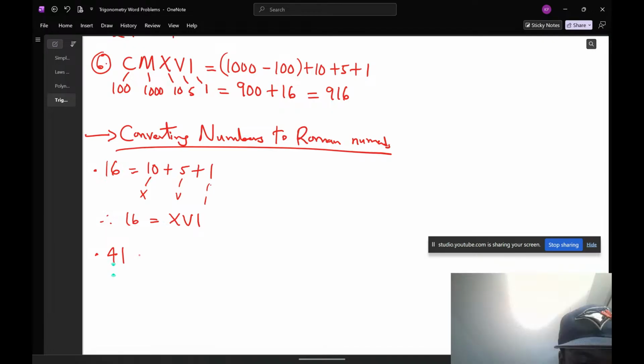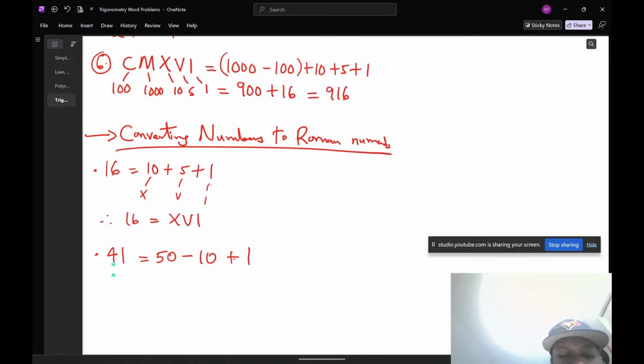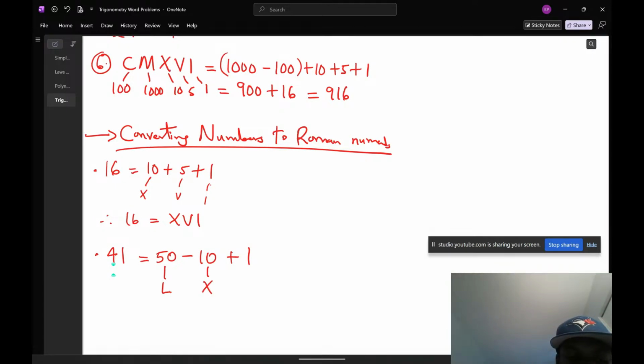Okay. So in this case, we do 50 minus 10. So it will be 50 minus 10 plus 1. All right. 50 minus 10 is 40. 40 plus 1 will give us 41. Right. And then I said in the very beginning that when a smaller Roman numeral is written before a bigger Roman numeral, you subtract. 10 is X, right? 50 is L. So now, because we are subtracting, that means 10 was written before 50 in the Roman numeral sequence.